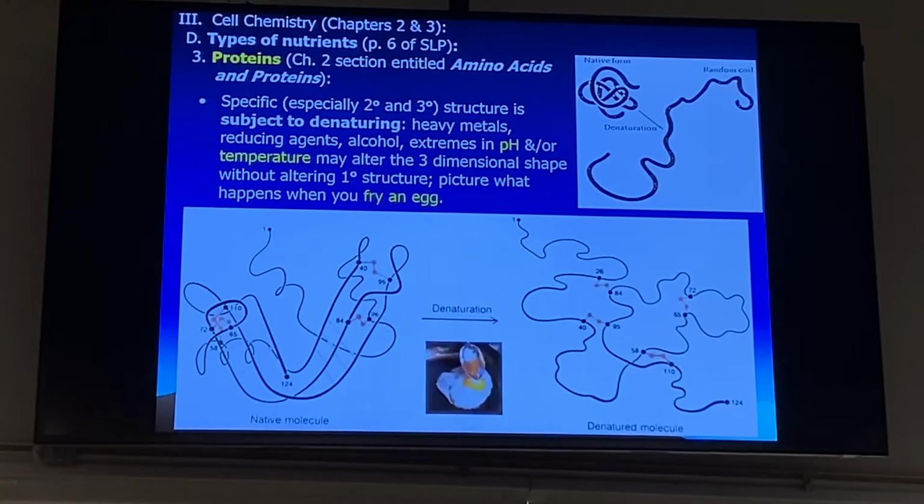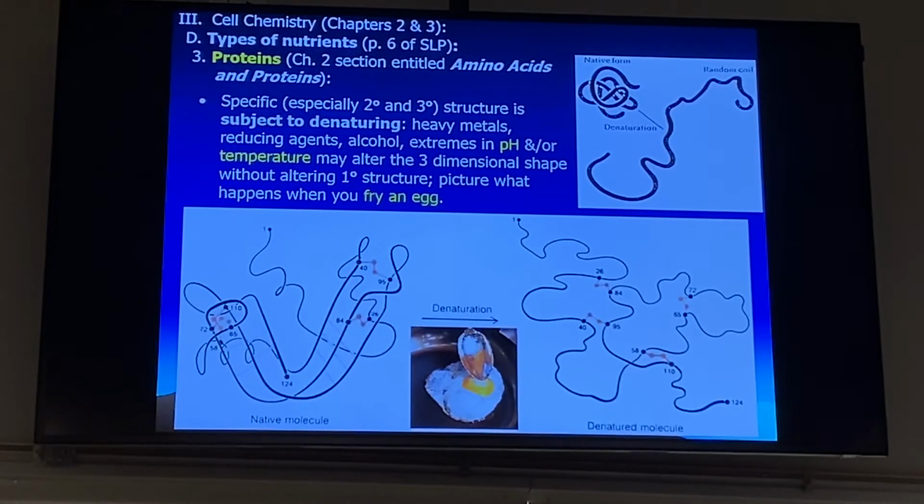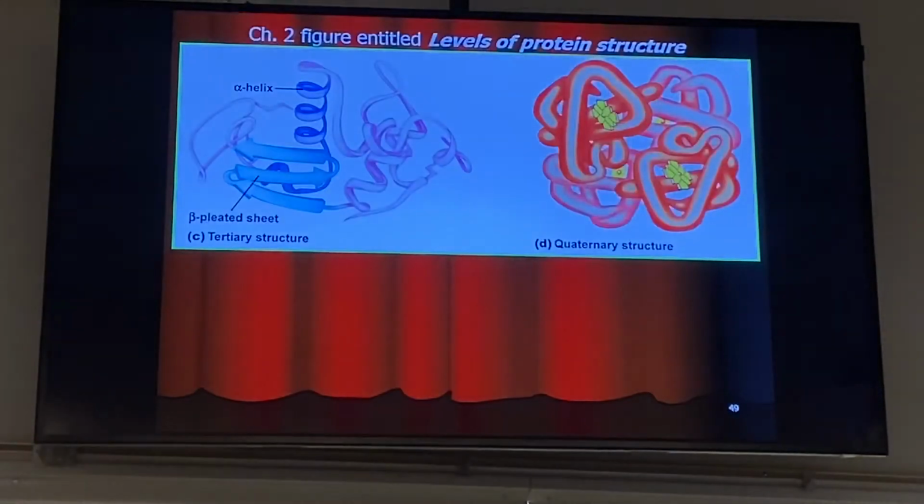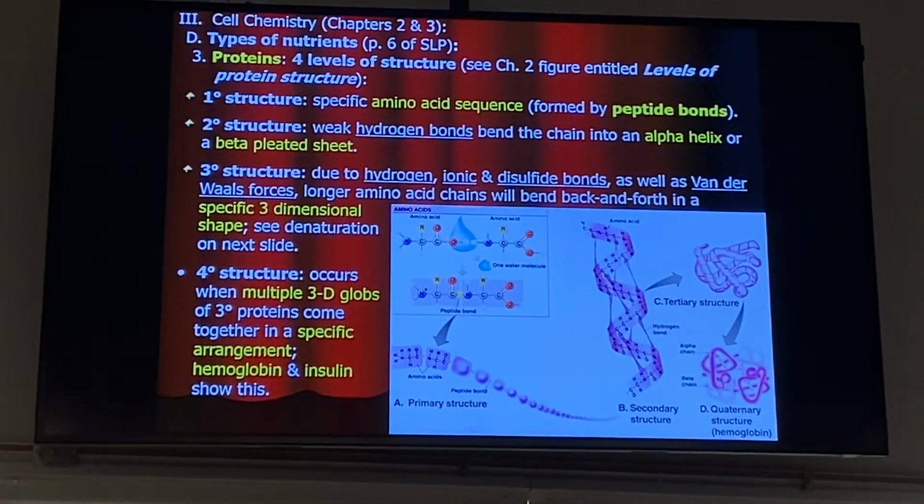Okay? But remember, on the previous slide, did you put a line to the primary protein structure? Did you put a line from the primary protein structure to denaturation? No. Only secondary and tertiary get altered. Primary protein structure is intact. The order of amino acids is still the same.